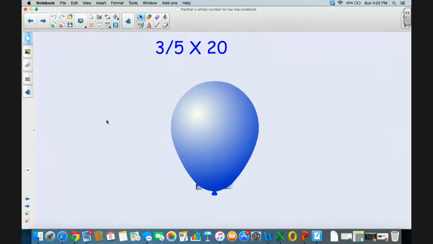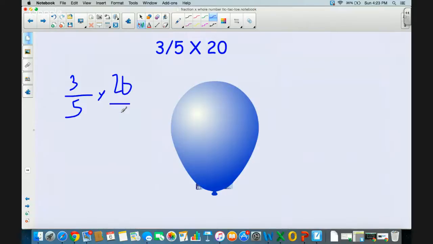All right, so most people had 3/5 times 20, or 20 over 1, should have been 60 over 5. But now, guys, you need to understand that this is improper, and if you didn't change it, you did not get it right.